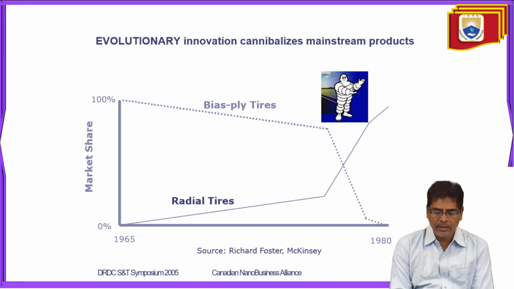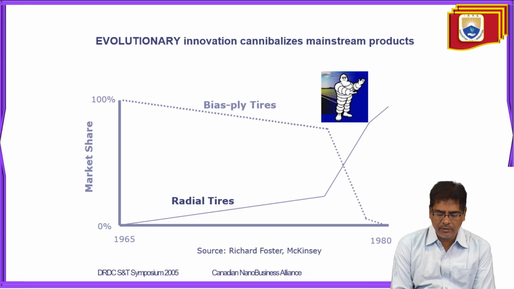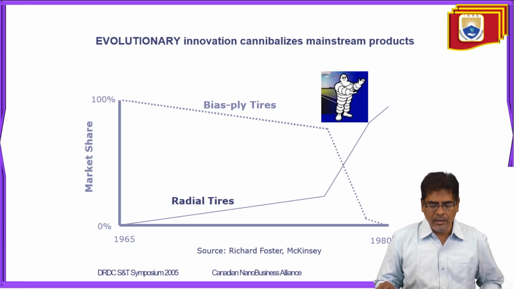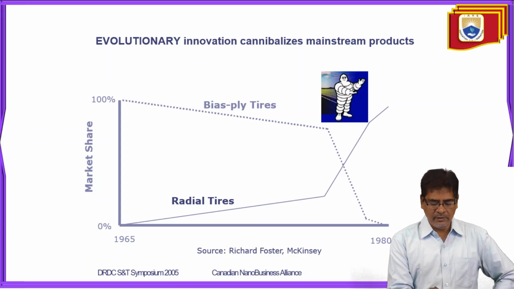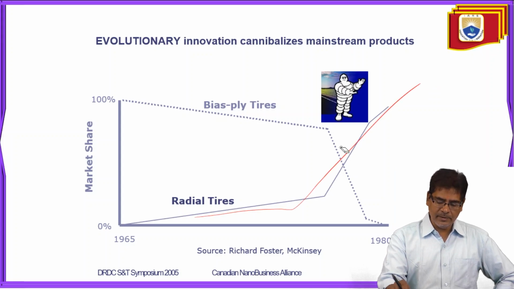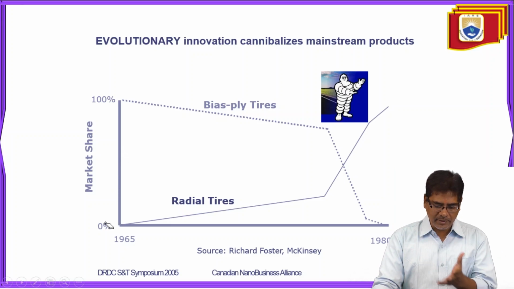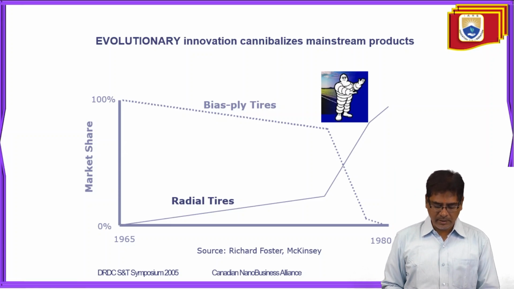This is market share, and we have radial tires and bias ply tires, with market share from 0 to 100%. From 1965 to 1980, radial tires increased to 100%, whereas bias ply tires decreased. So evolutionary innovation cannibalizes mainstream products.